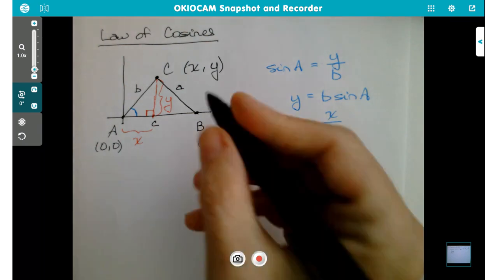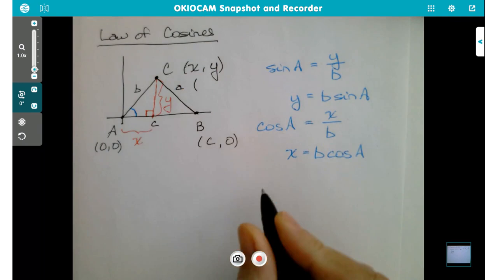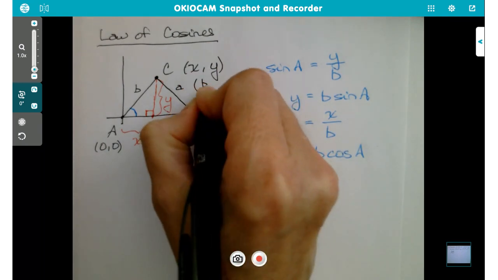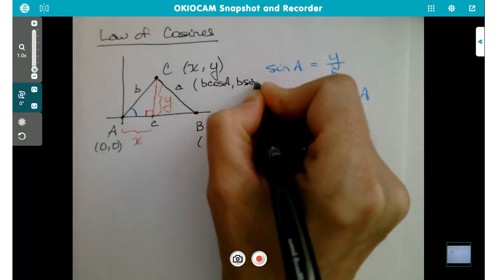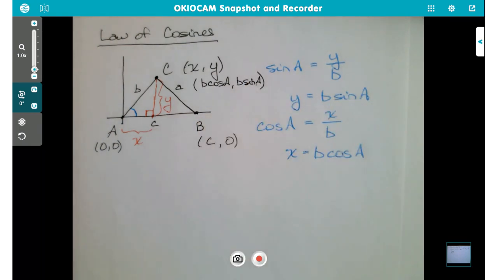So I could call point C now b cosine A, comma, b sine A, which is a little bit better than just x and y.